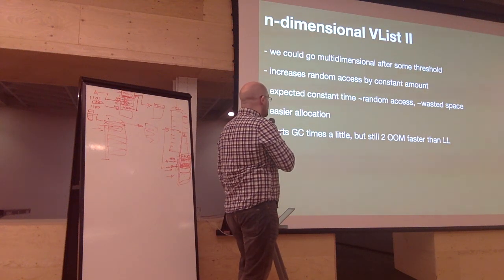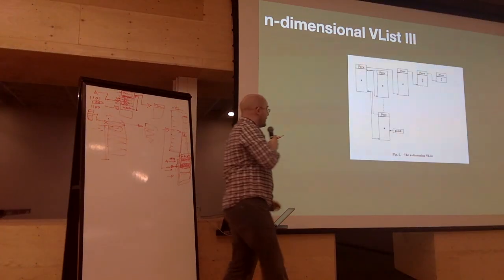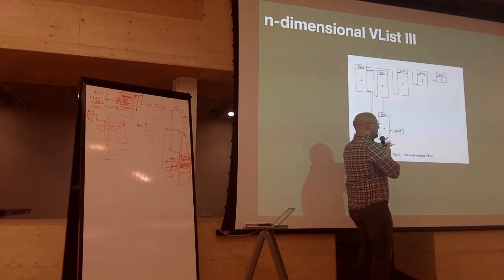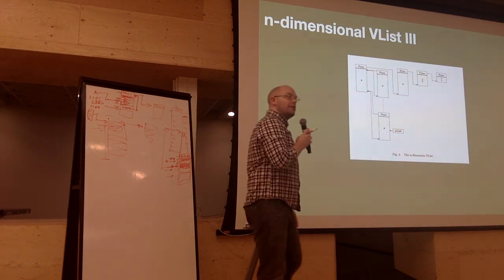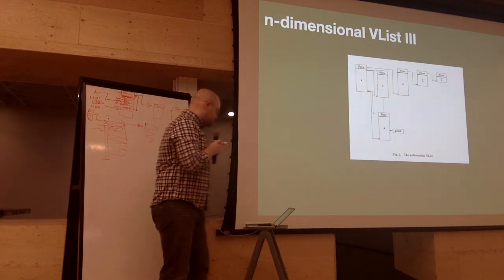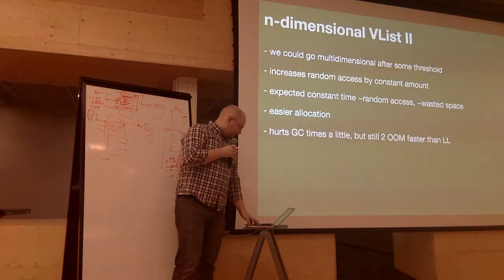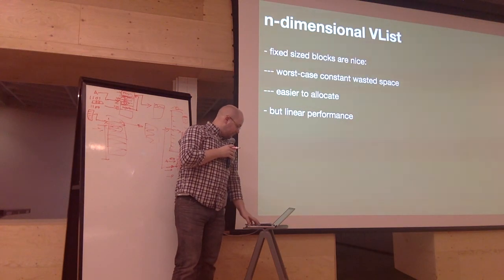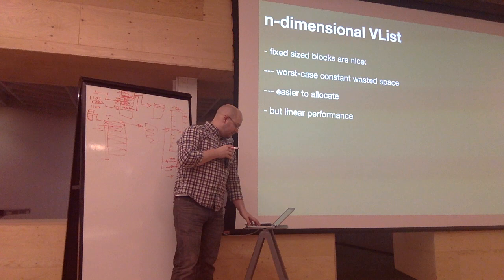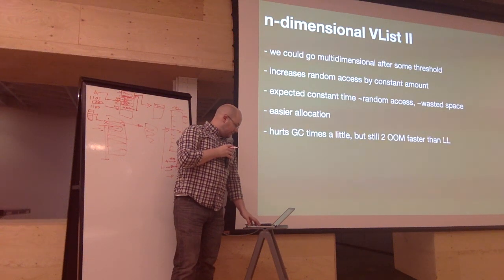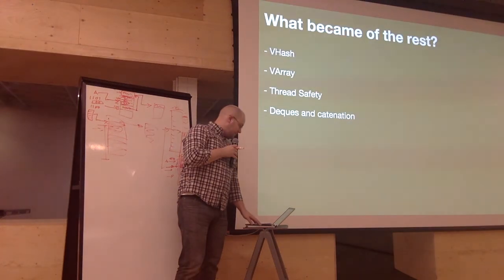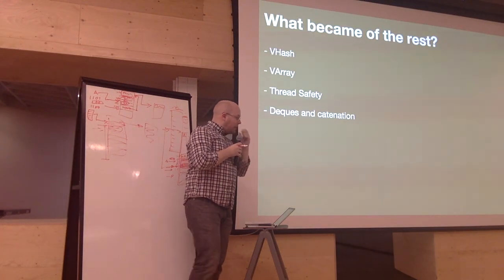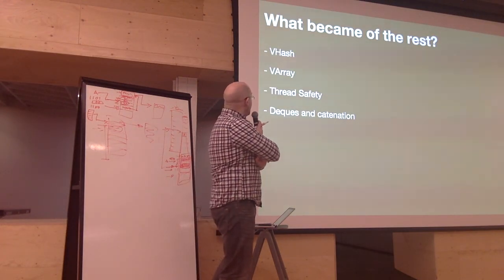It hurts our GC times a little because we have to go through and collect all of these individual s squared blocks, but it's still a couple orders of magnitude faster than a linked list. So that's it, kind of.